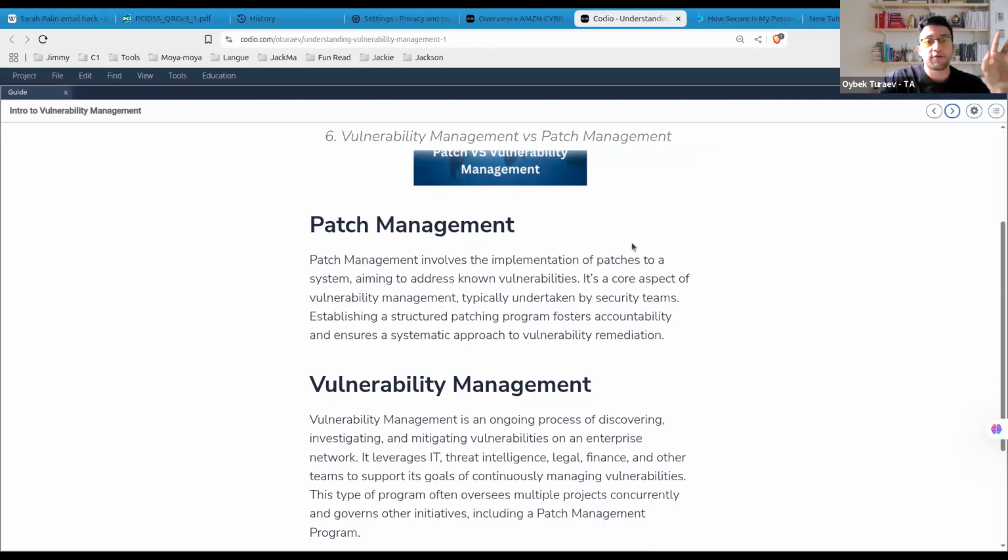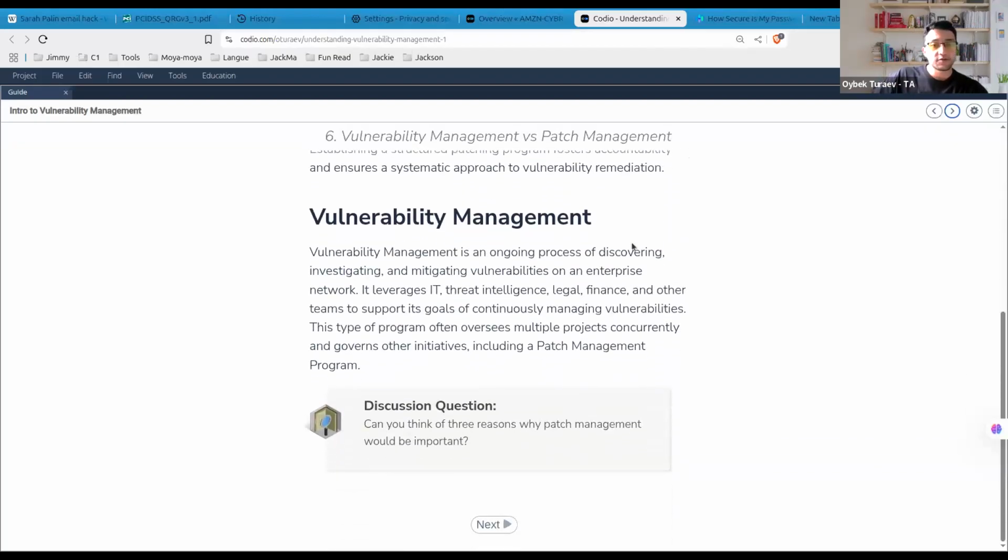That's a core aspect of vulnerability management as well. So vulnerability management is a bigger tree, and patch management is one of its subheadings. They overlap, but vulnerability management is on a bigger scale, and patch management is inside it.